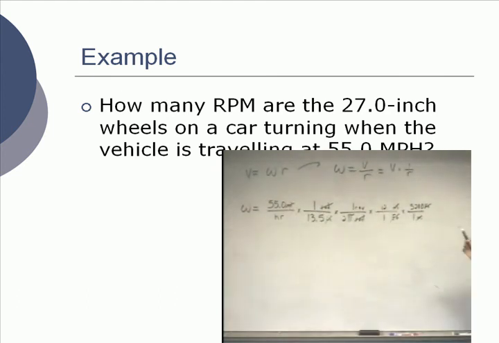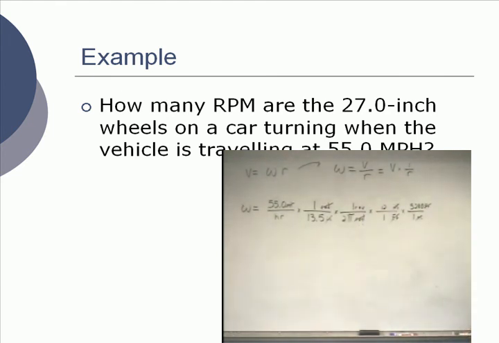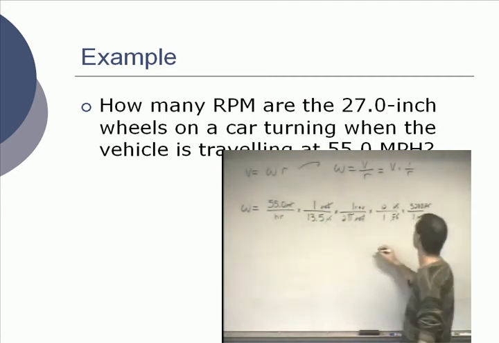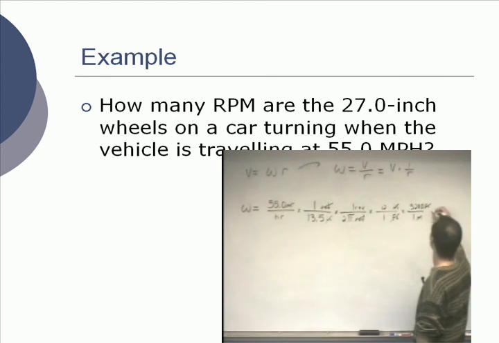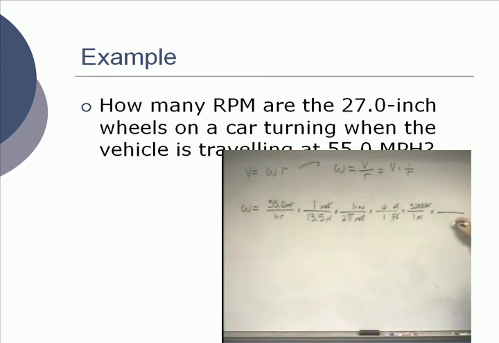If we were to stop here, we'd have revolutions per hour. That's not quite right. So we have one more step. We're going to multiply that by 1 hour.